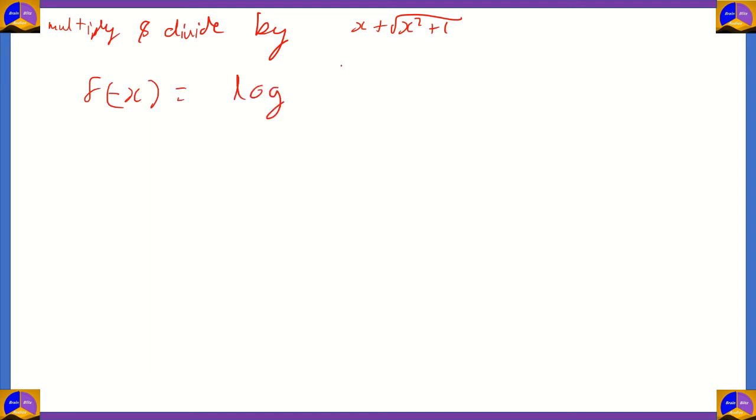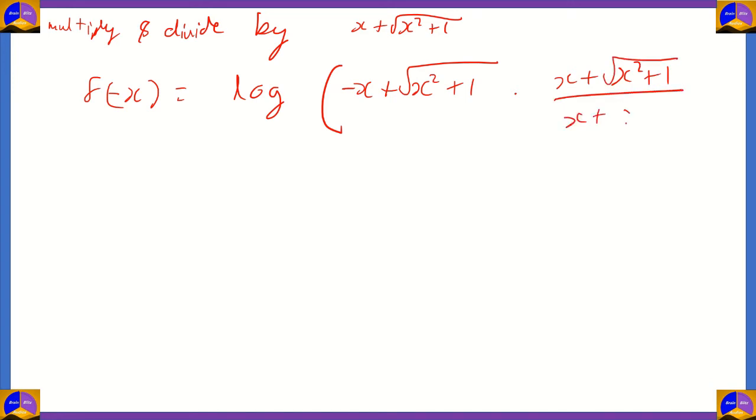So what we're going to do is multiply and divide by x plus root of x squared plus 1. So that means f of minus x will now be equal to log of minus x plus root of x squared plus 1, times x plus root of x squared plus 1, divided by x plus root of x squared plus 1.